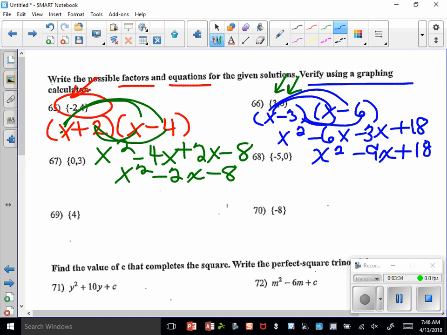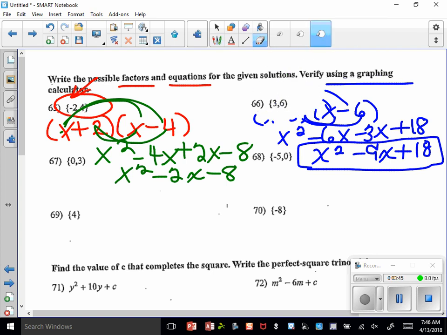Now it says you can verify on your calculator. That simply means if you type this into the y equals, you can check to see. I'm not going to be showing that up here, but if you type it in, this would be a good check for you.